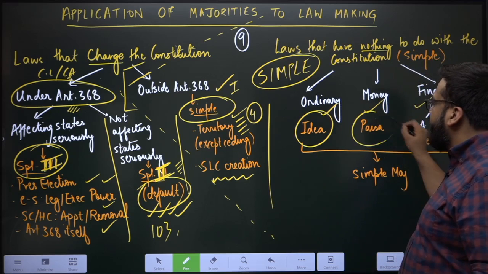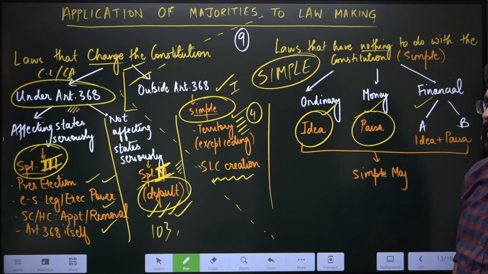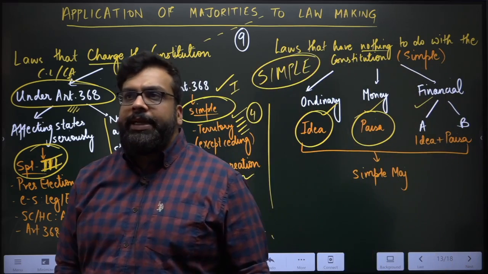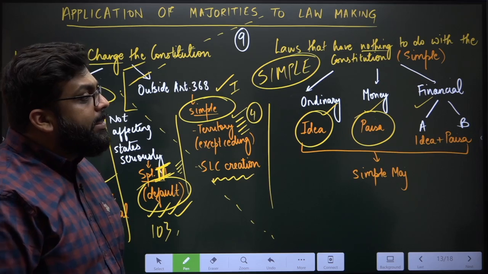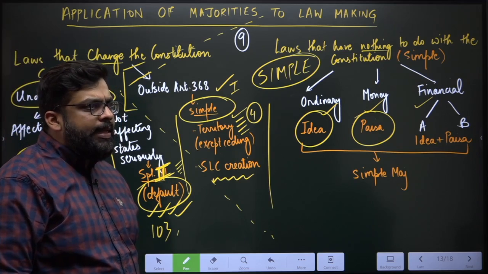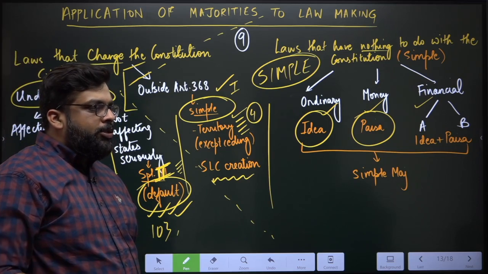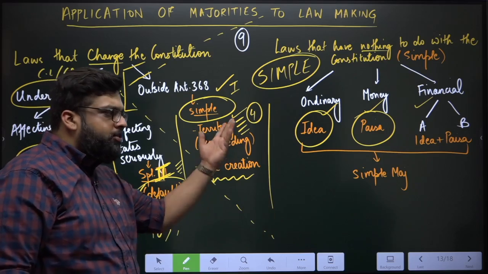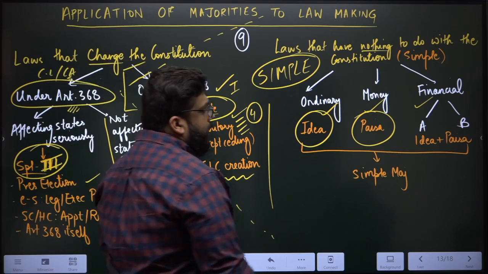Laws which only and only require money to be spent. Let us say, for example, you're increasing the salaries for your MPs or MLAs, right? You're not increasing your MPs or MLAs, you are simply increasing the salaries of your MPs or MLAs. Just spending more money. That's called a money bill.